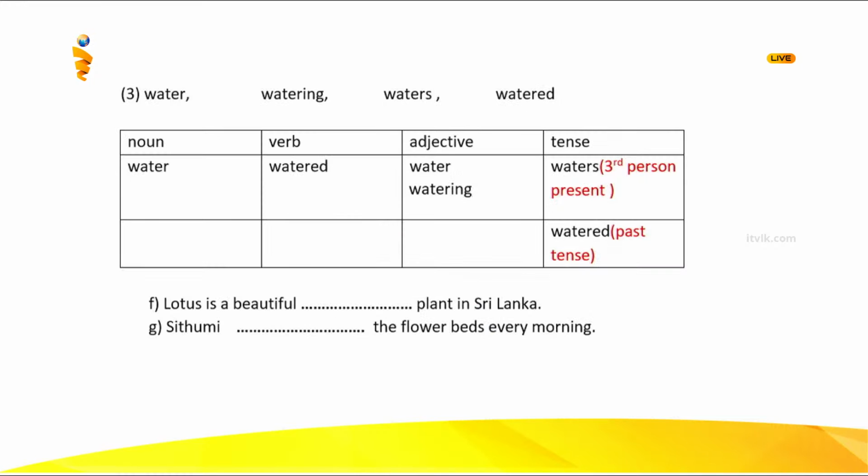The next one. Water, watering, waters, watered. Water, it can be a noun and it can be adjective also. Watering, it's adjective and it can be present continuous verb too.